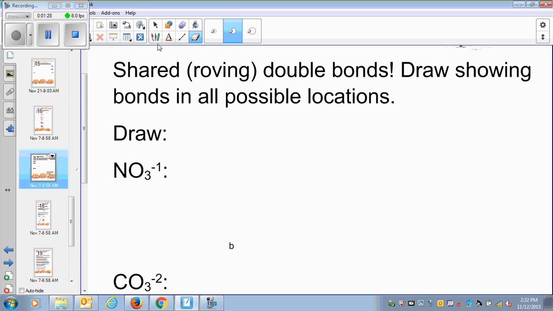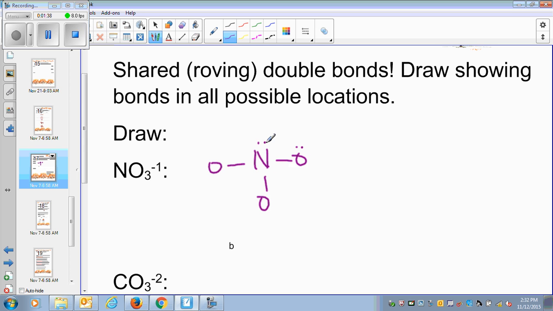Once you have 12 pairs, the way we do it is we take nitrogen in the center, and you have oxygen, oxygen, and oxygen, and then you distribute the pairs, 1, 2, 3, up to 12 pairs.